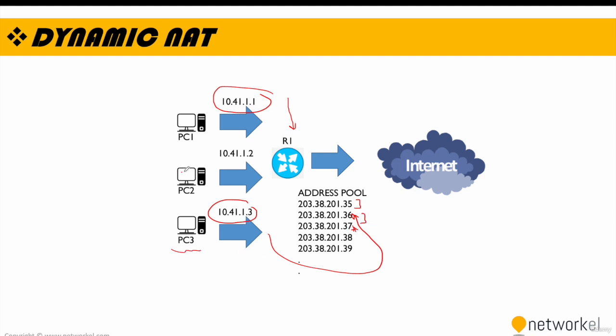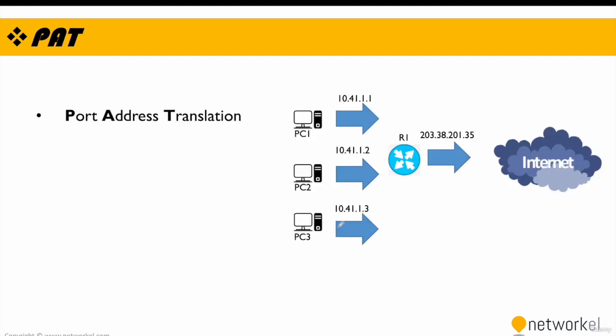And if PC2 is the third to reach the internet, it will obtain the IP address 37. So it is a first come, first served rule for dynamic NAT.